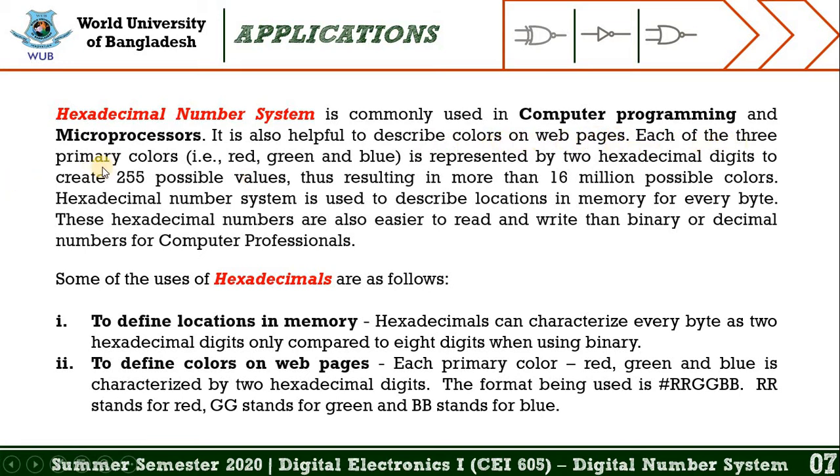Each of the three primary colors, that is red, green and blue, is represented by two hexadecimal digits to create 255 possible values, thus resulting in more than 16 million possible colors. The hexadecimal number system is used to describe locations in memory for every byte. These hexadecimal numbers are also easier to read and write than binary or decimal numbers for computer professionals.